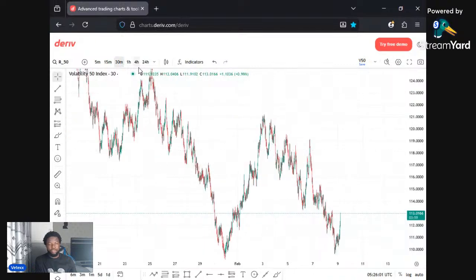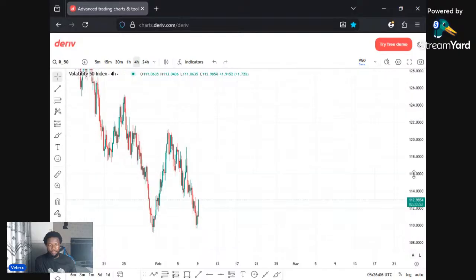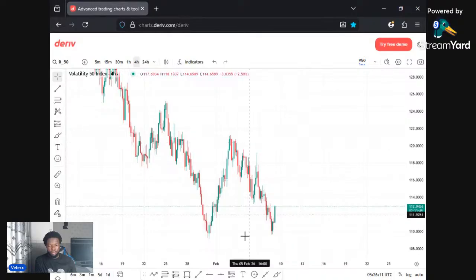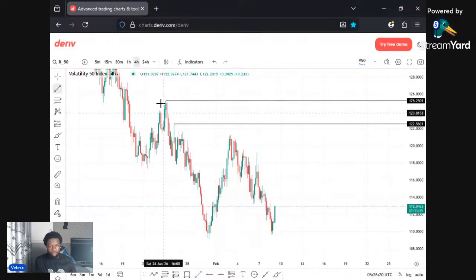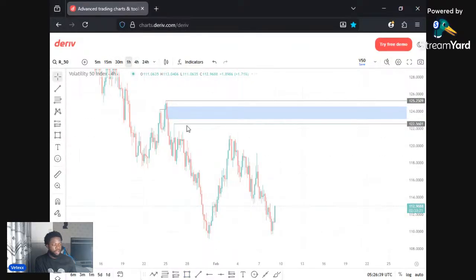It's either it comes back to this 4-hour time frame soon, because we have a 4-hour POI here, or it comes and starts selling from this point.